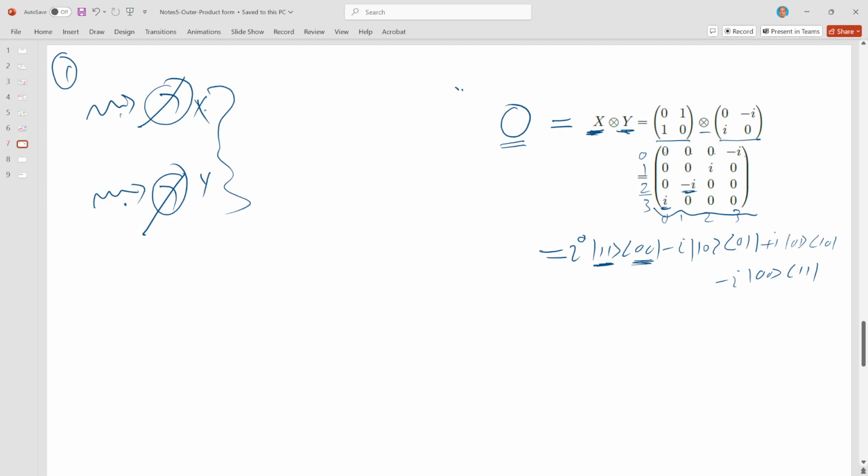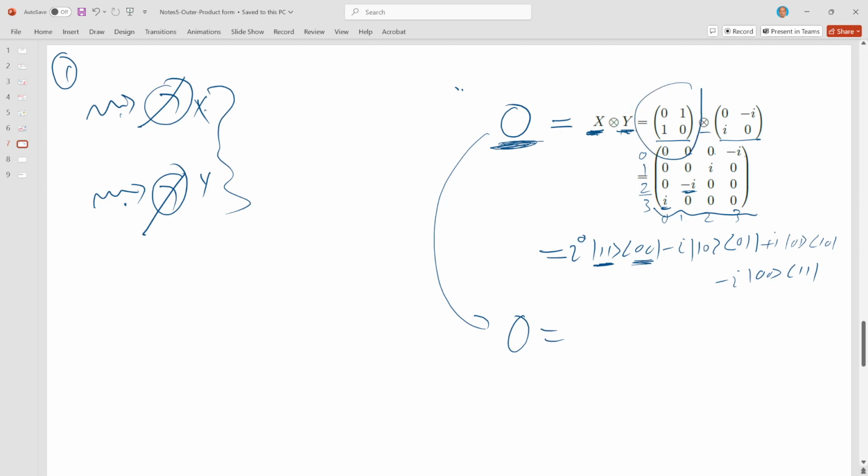So we have written this tensor product as the outer product, as the tensor product of these two operators. And by the way, I can also write this like this as well.